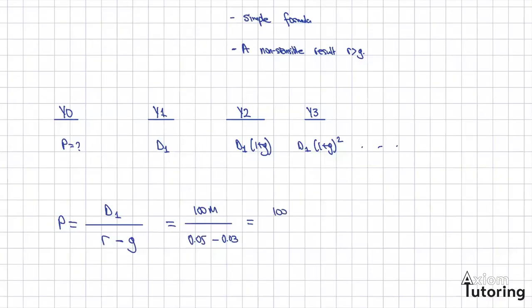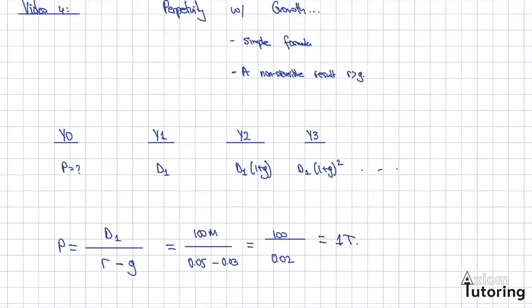Then it looks a lot like a perpetuity, but effectively with an interest rate of 2%. So if you have something that's paying you 100 million and your effective interest rate is 2%, then you are willing to pay 5 billion for this company. Okay, so that's effectively how we think about a perpetuity with growth.